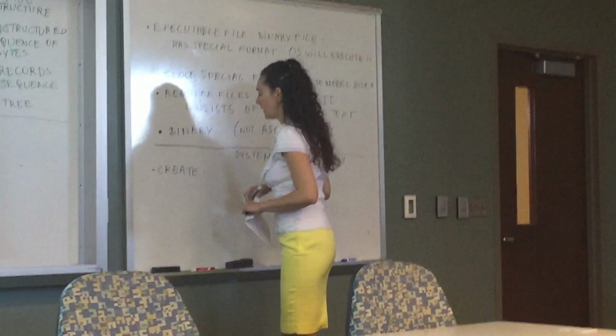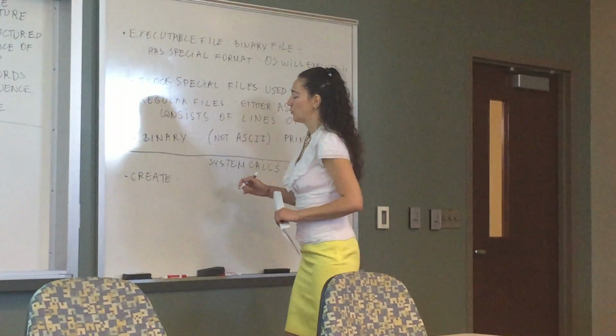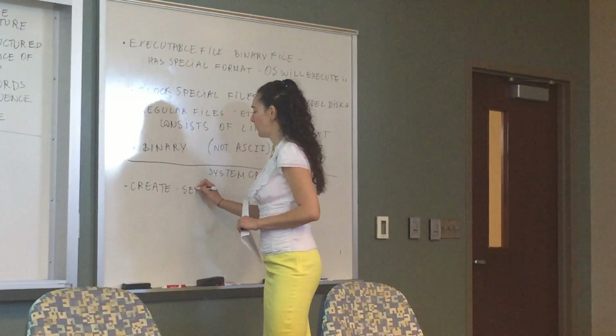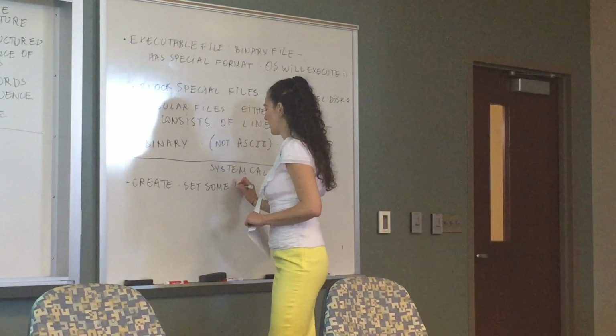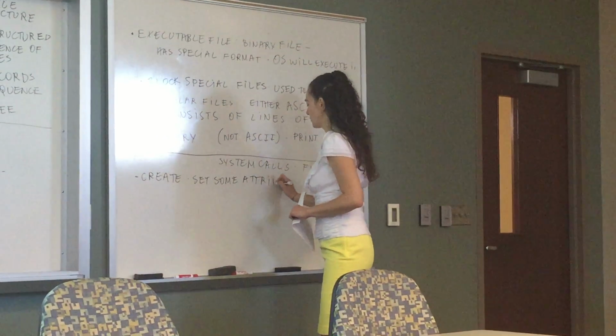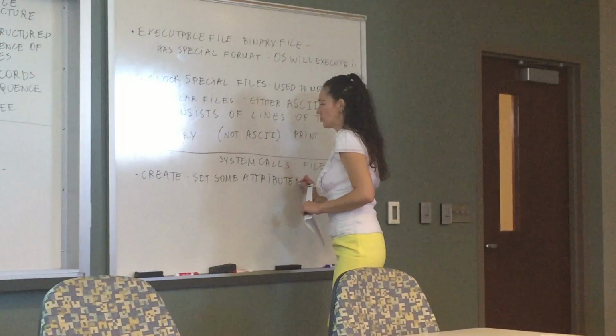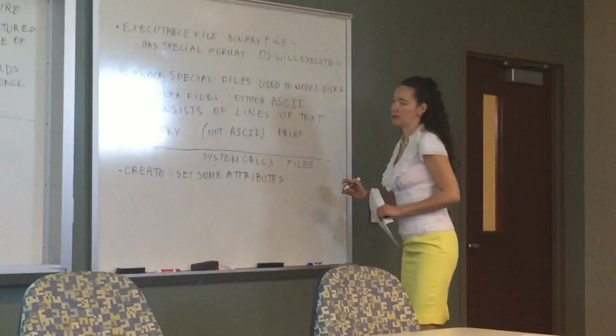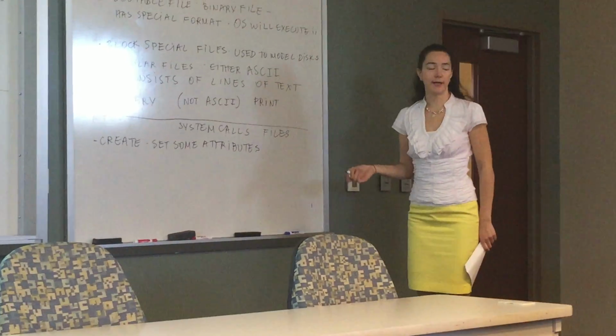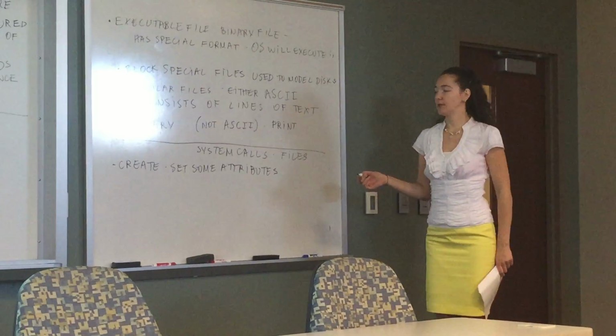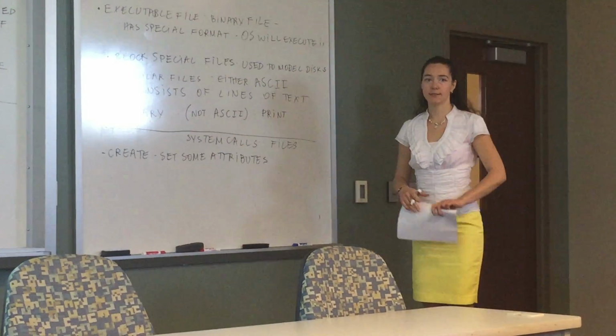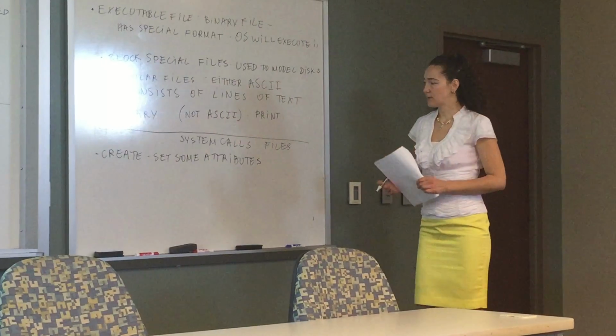So when we create a file, we basically set some attributes for that file. The attributes are what we said earlier. We have to give it a name. We set other things like the time it was created, its size, and so on.